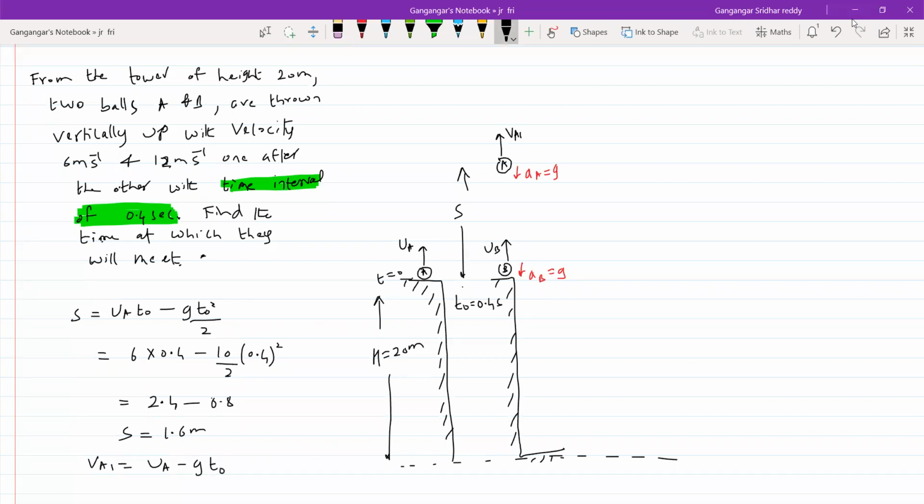VA1 is UA minus g t naught, which is 6 minus 10 into 0.4, 6 minus 4. This will be 2 meter per second. So you know VA1, you know UB. What is our formula?